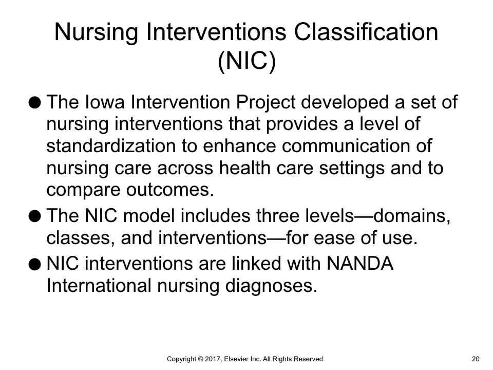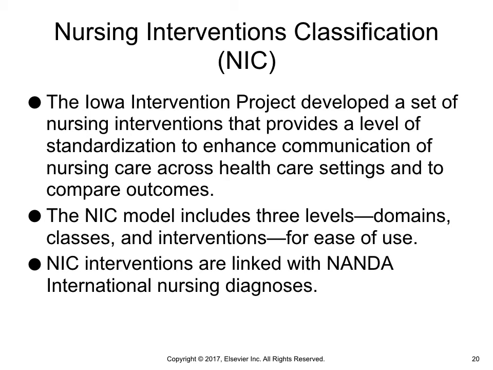The second level of the model includes 30 classes, which offer useful clinical categories. The third level of the model includes 554 interventions, defined as any treatment based on clinical judgment and knowledge that a nurse performs to enhance patient outcomes. Each intervention includes a variety of nursing activities from which to choose and which a nurse commonly uses in a plan of care.